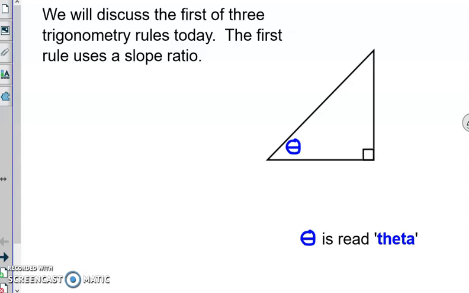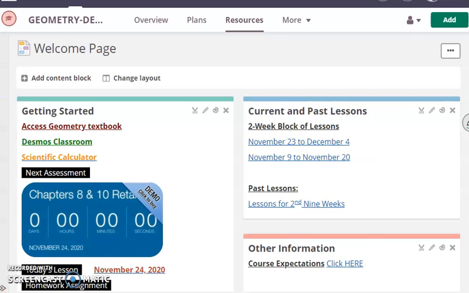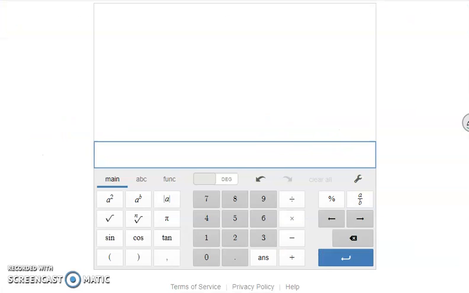If you don't have a calculator, you would go to your Desmos account and click on the scientific calculator. When you do that, this will be the calculator that shows up.